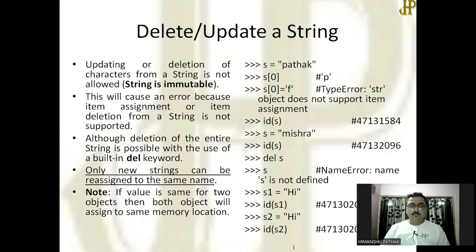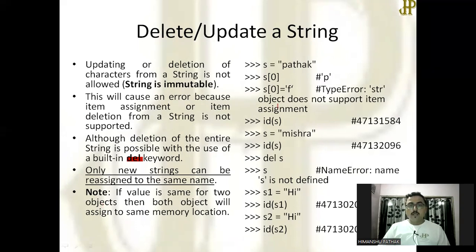That can be possible. Just like the tuple, you can use the keyword del. Another thing that can be done is you can give the new string to the same name. That is possible.